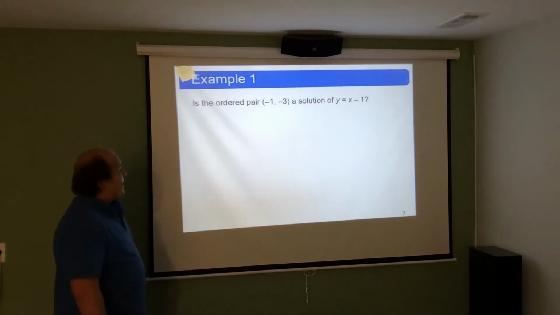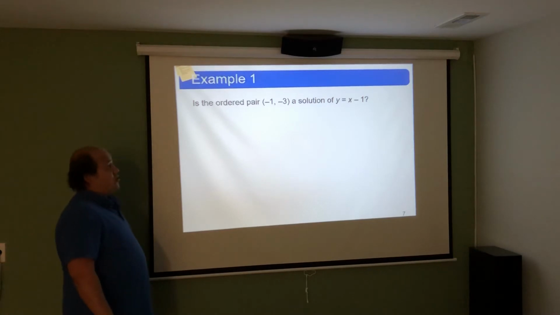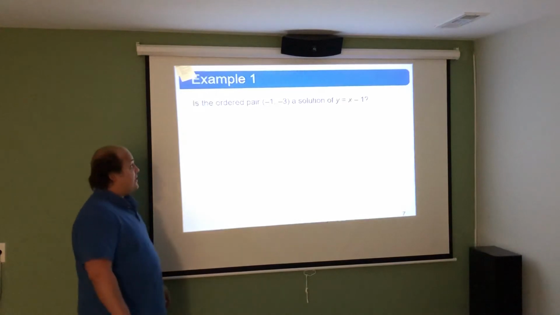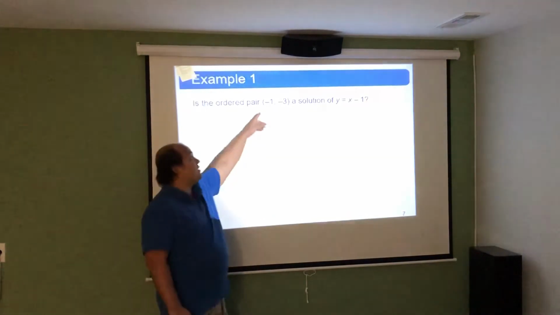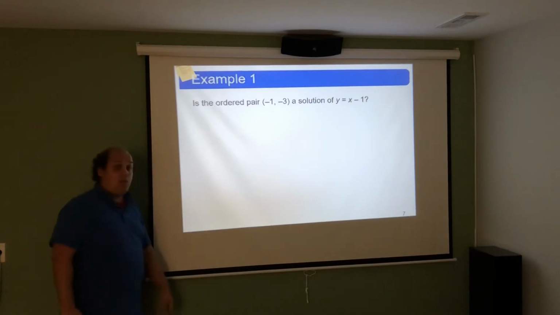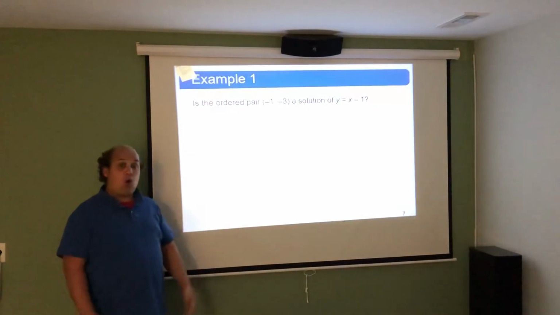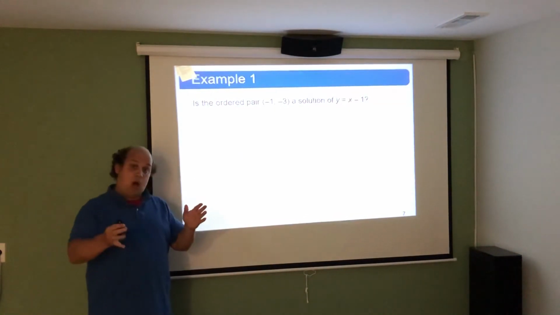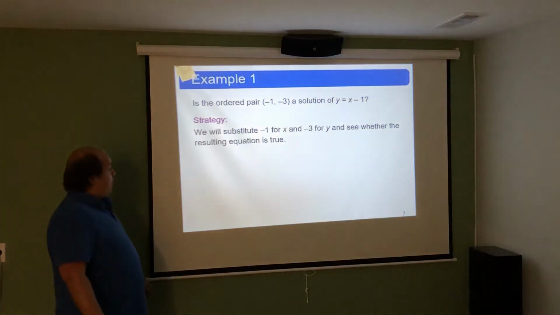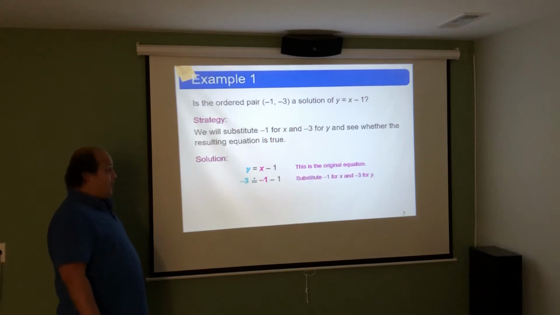Is the ordered pair (-1, -3) a solution of y equals x minus 1? To figure this out, we're going to plug in -1 wherever we see the x, because it's the first number in our ordered pair. We're going to plug in -3 wherever we see y, because it's the second number in our ordered pair. Remember, we're always given them as (x, y) in parentheses. So when we substitute these into y equals x minus 1, we're left with -3 equals -1 minus 1.